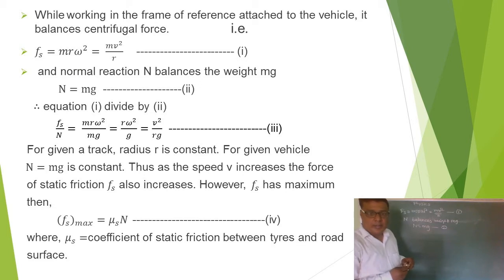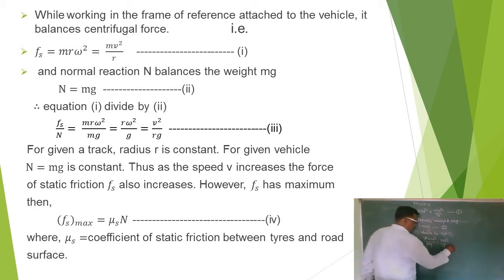Now from equation 1 and 2, equation 1 divided by equation 2, we get Fs upon N is equal to m r omega square upon mg. The m gets cancelled, giving r omega square upon g.